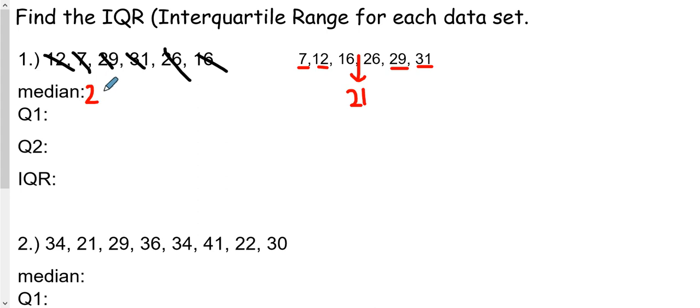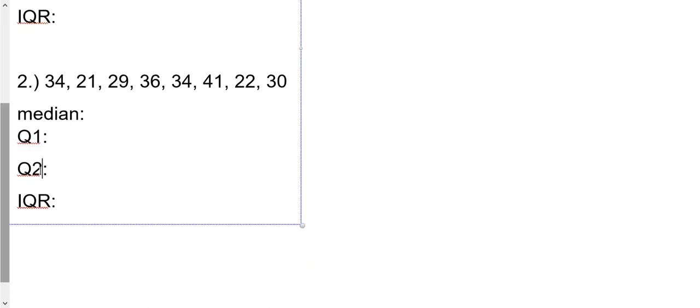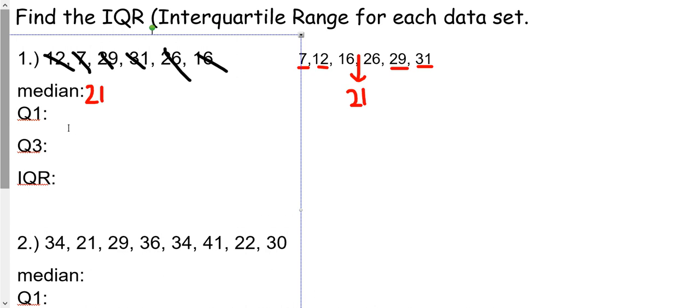Now, when we're looking at Q1, and this actually should say Q3, so I'm sorry about that. Let me go ahead and fix that. Anyway, when we're looking at Q1 and Q3, we really want to make sure that we do this properly.